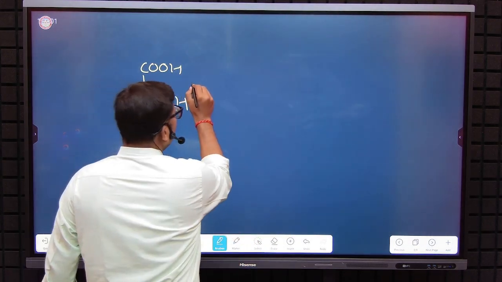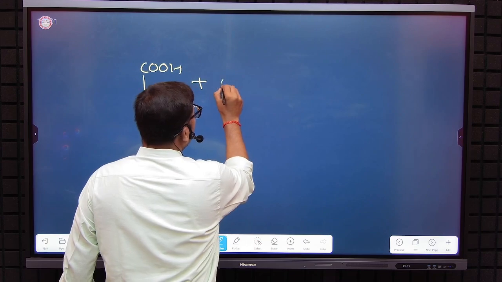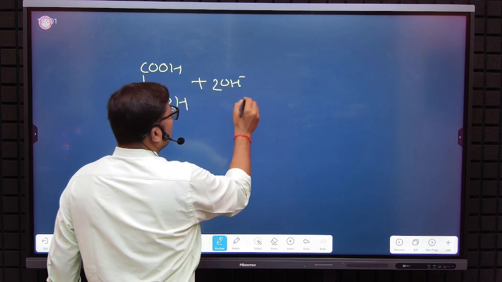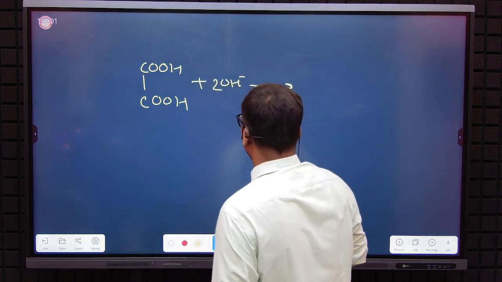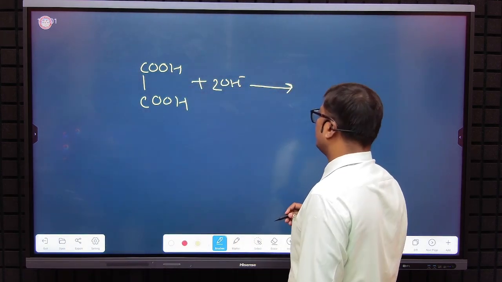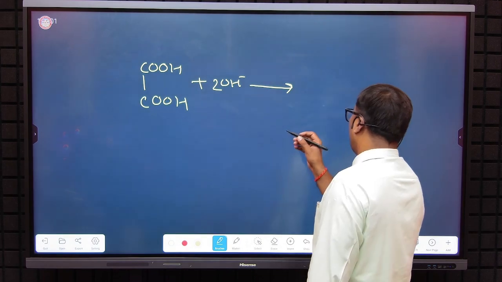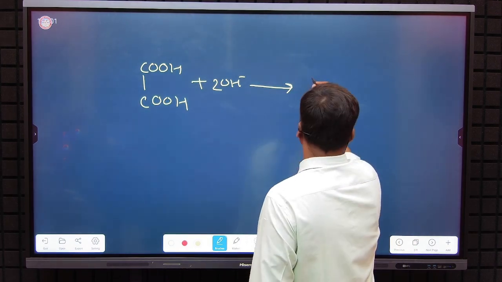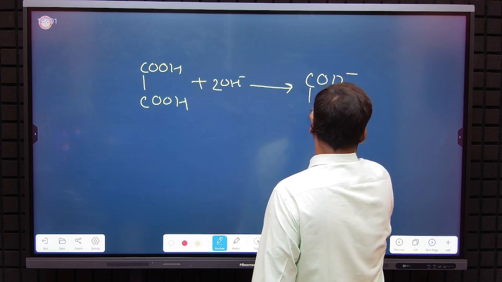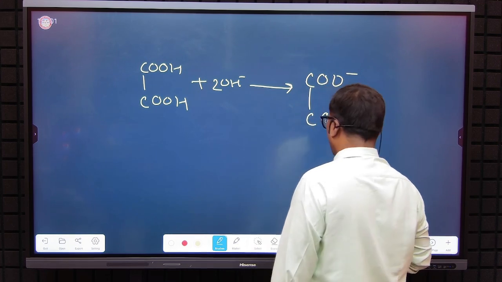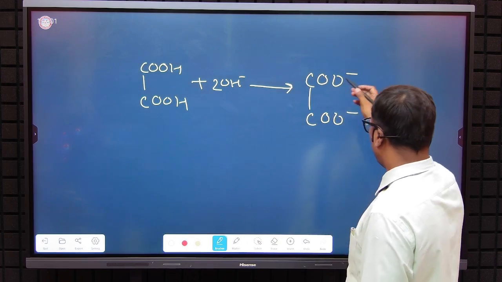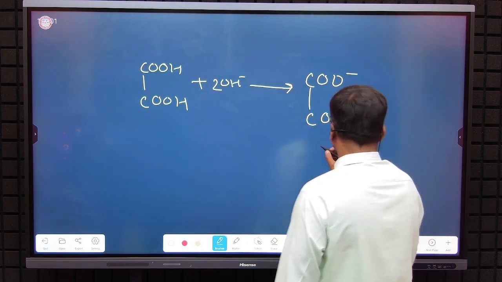Once they react with hydroxide ion, OH minus, the hydrogen ions are subtracted, resulting in the formation of such a dianion. So this is called the oxalate ion.